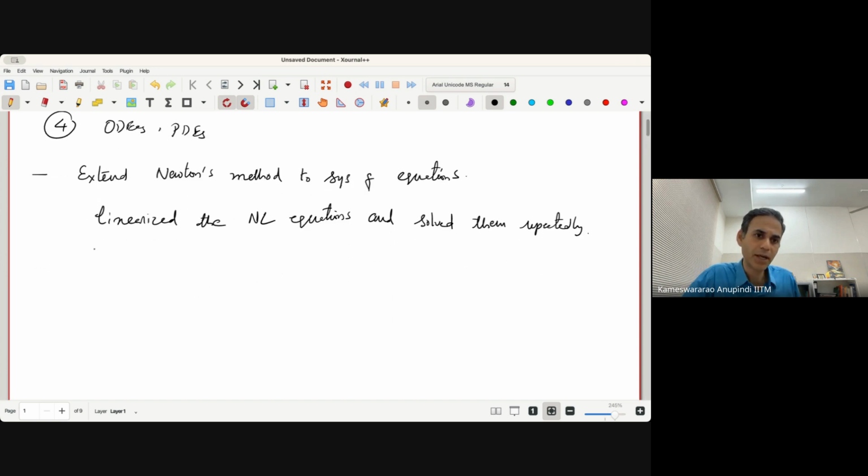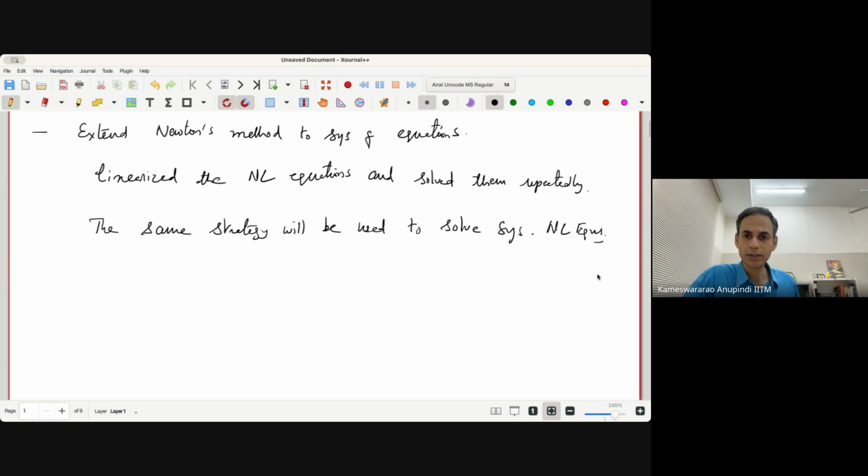That is the same strategy that will be used to solve system of nonlinear equations. We're going to essentially linearize all these equations, and then solve them in an iterative manner to get to a solution.